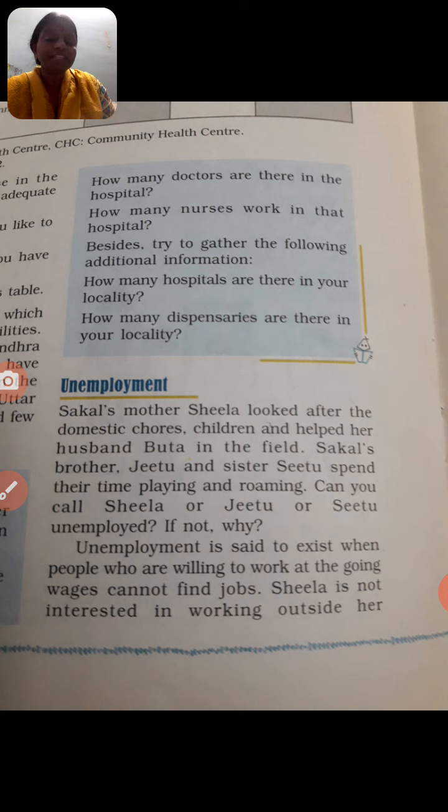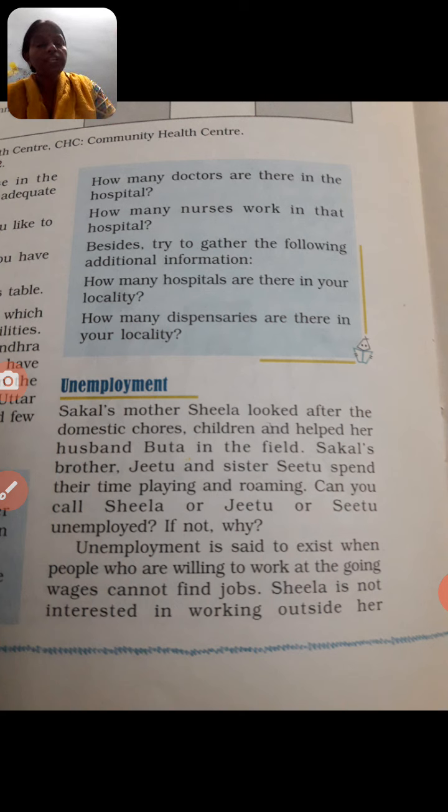So at the going wages, if people want to work and are not getting any work or sitting idle, then this situation is called unemployment. And the people who are not able to get work will be called unemployed.